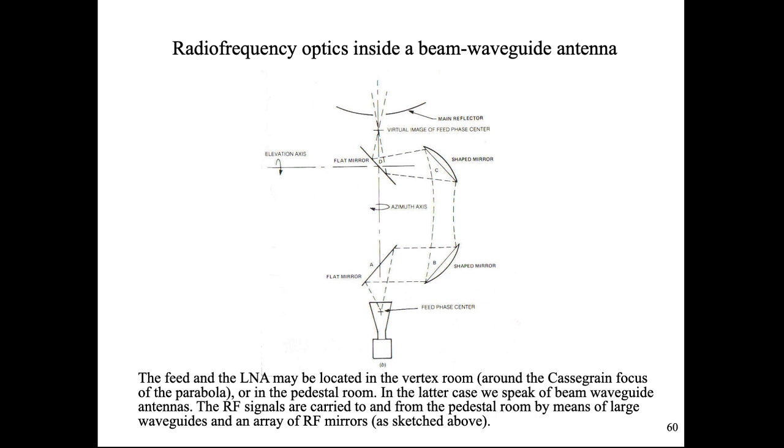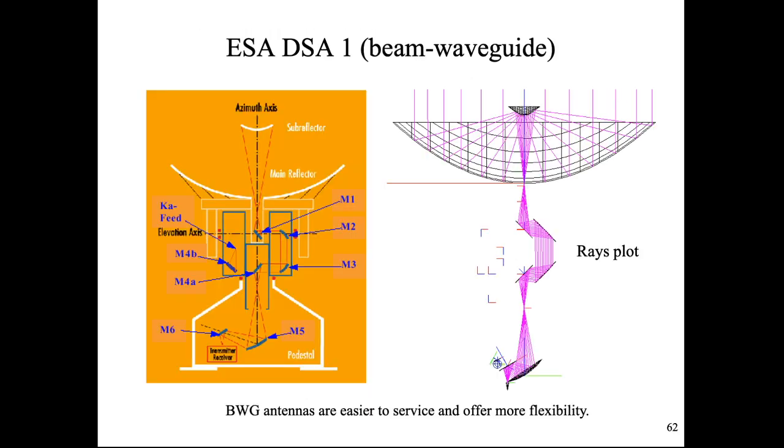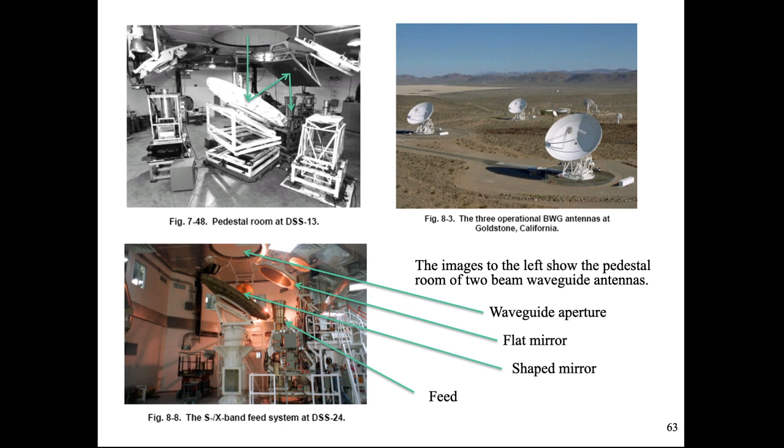And all modern antennas used for deep space telecommunication and space telecommunication in general are beam waveguides. Here again another sketch, and this is the interior.